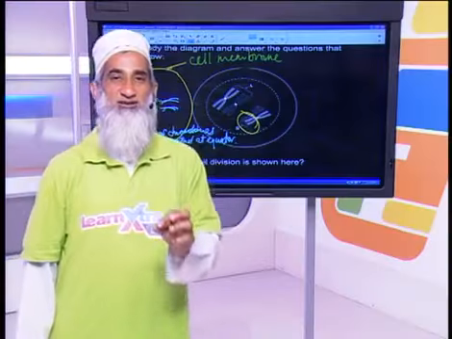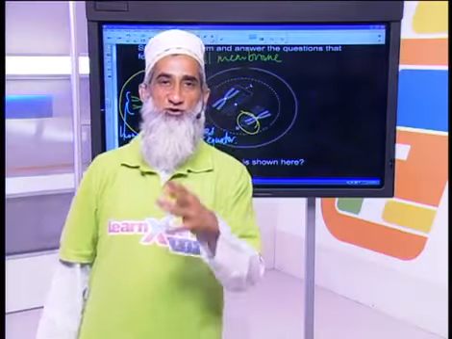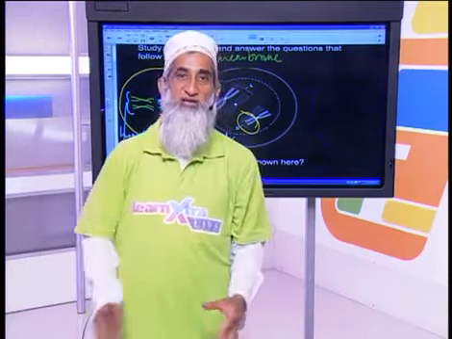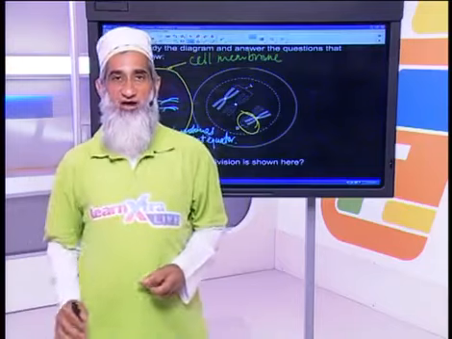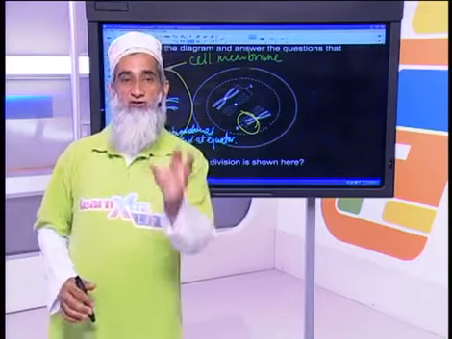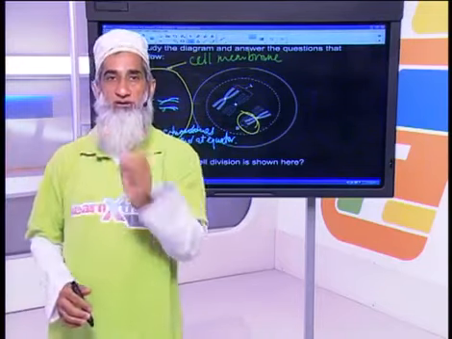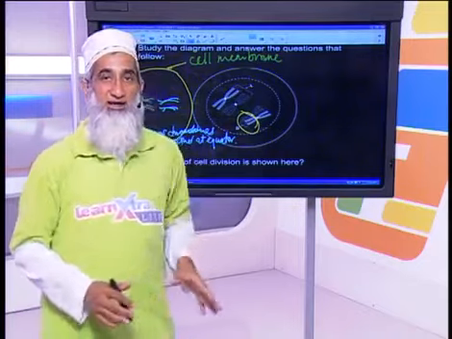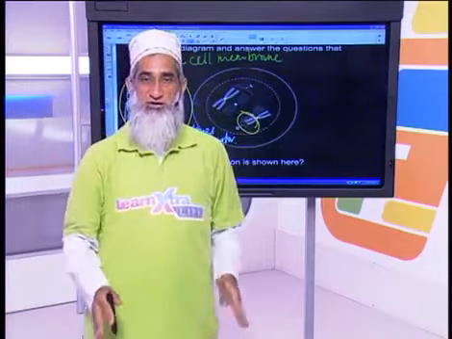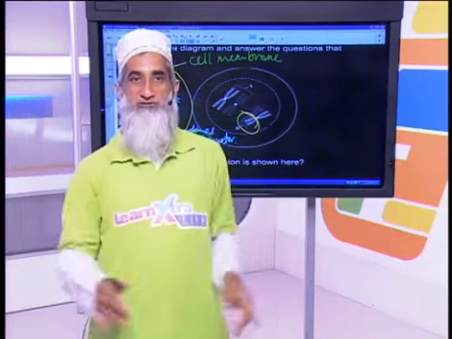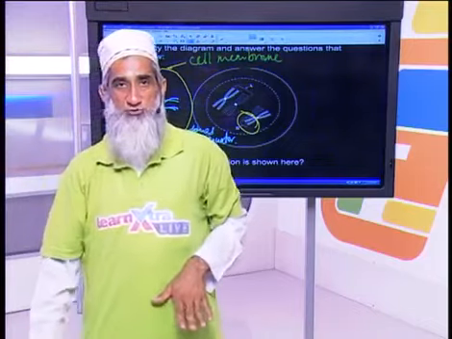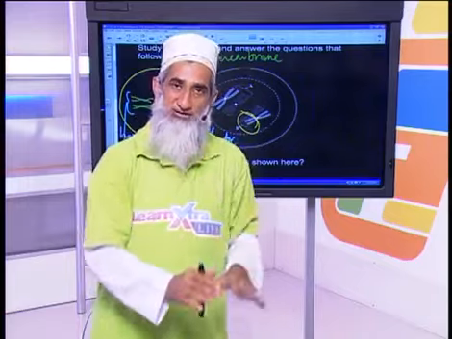And guys, the best way of learning meiosis or mitosis or any process is by drawing the diagrams yourself. Draw your own diagrams and draw annotated diagrams. Annotated diagram means draw a diagram with notes, meaning say a sentence or two about what is happening there. Take your book, open a double page, and draw the phases of meiosis 1, and do the phases of meiosis 2 on a separate double page, and label each diagram.